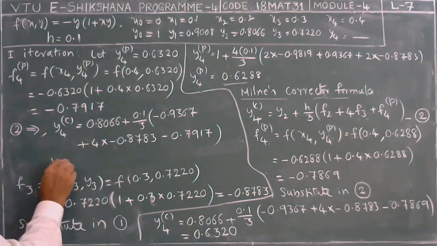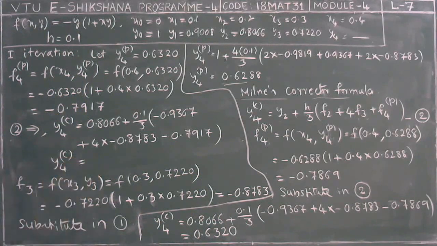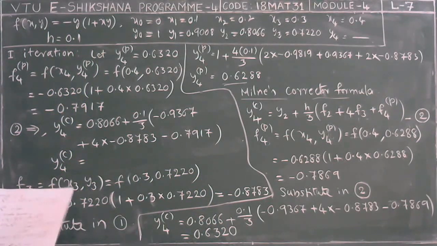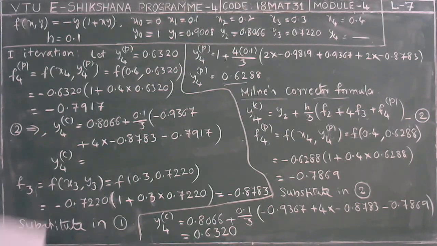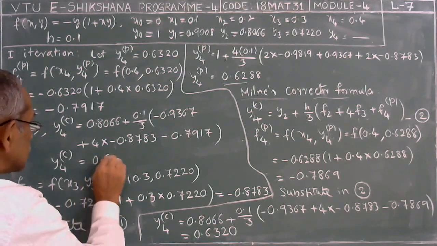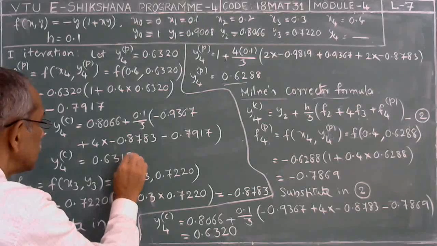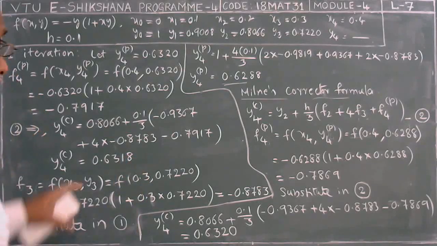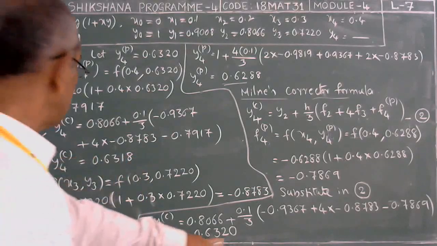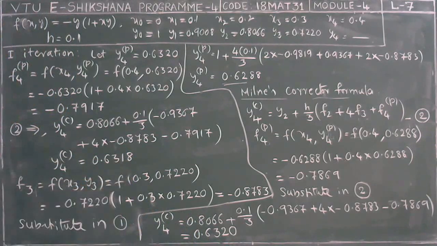If you compute carefully using a calculator, for the first iteration y4c you get 0.6318. Now compare this with the previous value of y4c, 0.6320. There is a difference.